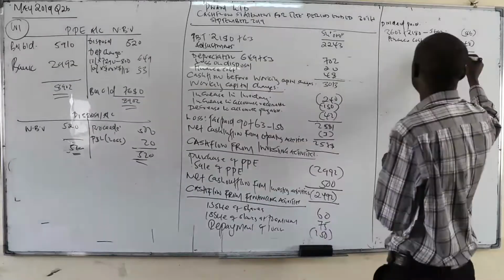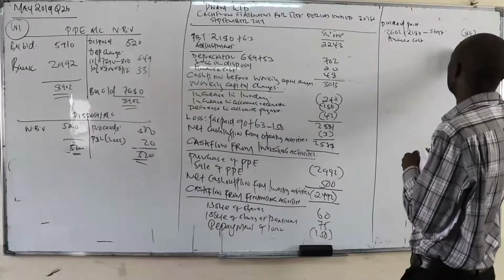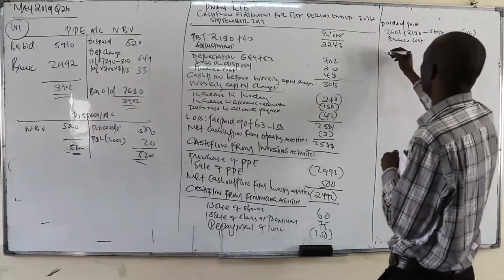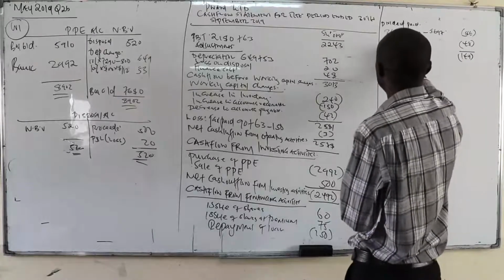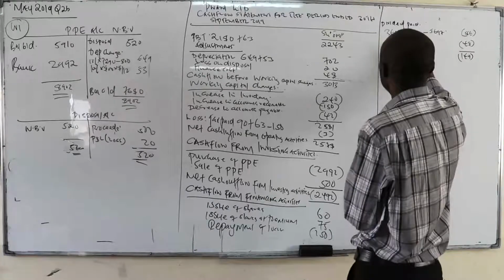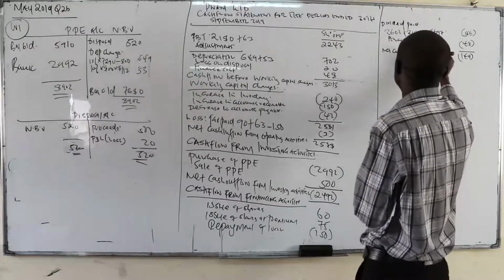Is the net positive or negative? So we say net cash outflow from financing.